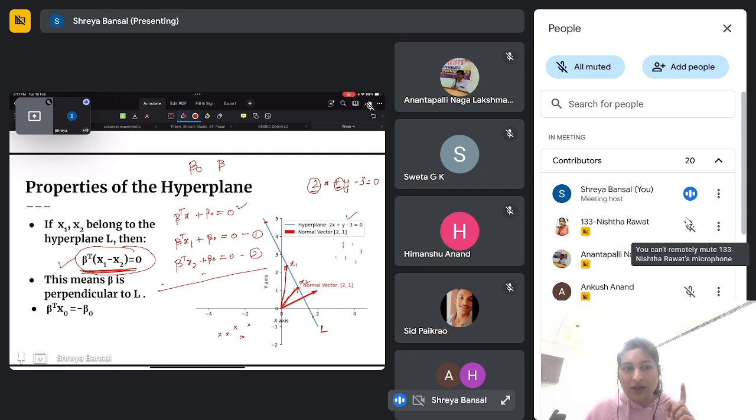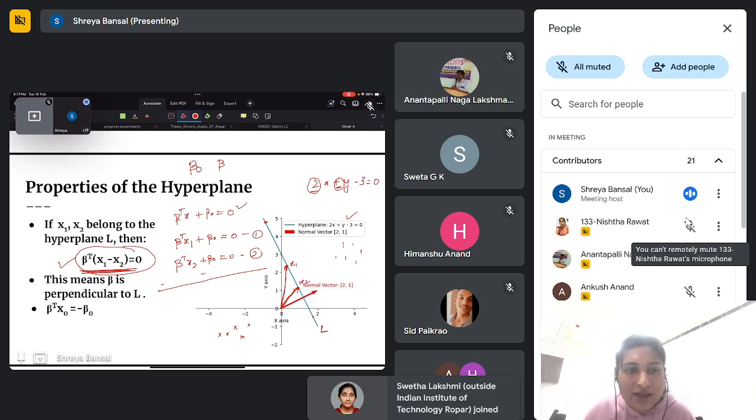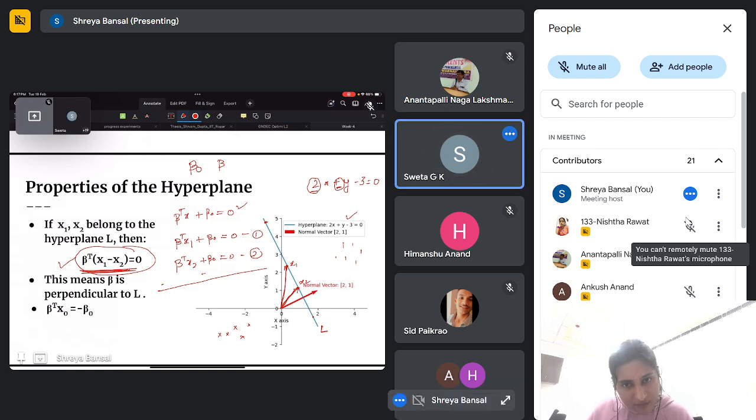If the dot product of two vectors is 0, how are the vectors related to each other? Perpendicular. So there is a property of orthogonality: if two vectors are perpendicular to each other, their dot product is 0.